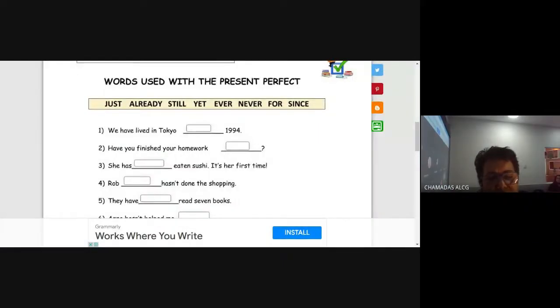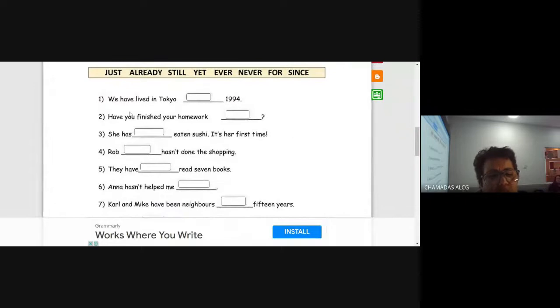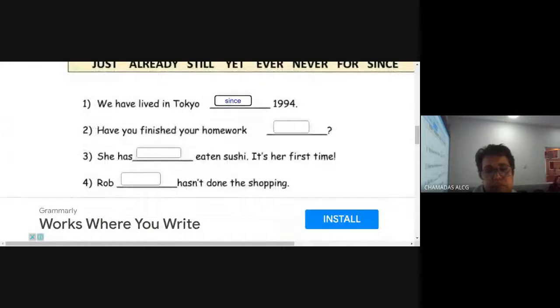All right. So let's take a look at this worksheet one more time and see how we can complete the sentences. So we have lived in Tokyo since 1994. But suppose I don't live there anymore. We don't live there anymore. So how would we say the sentence?